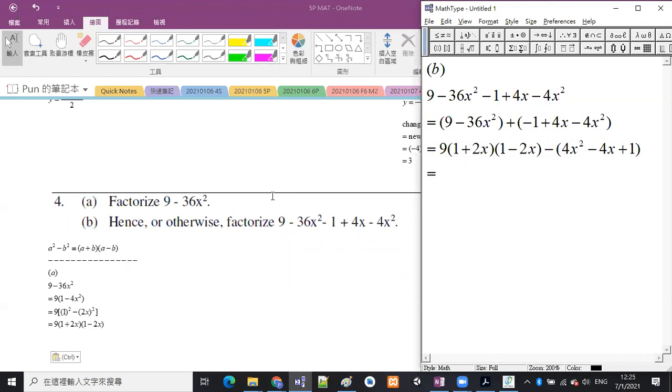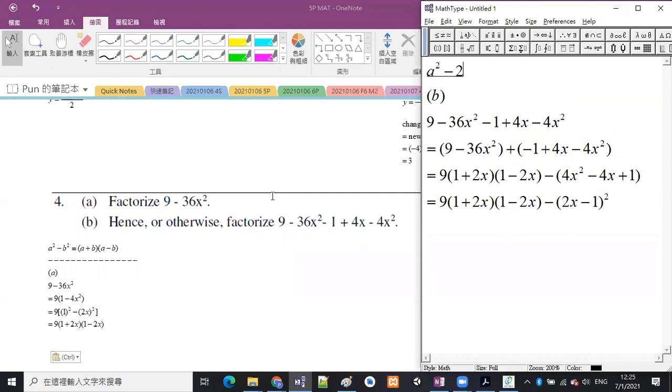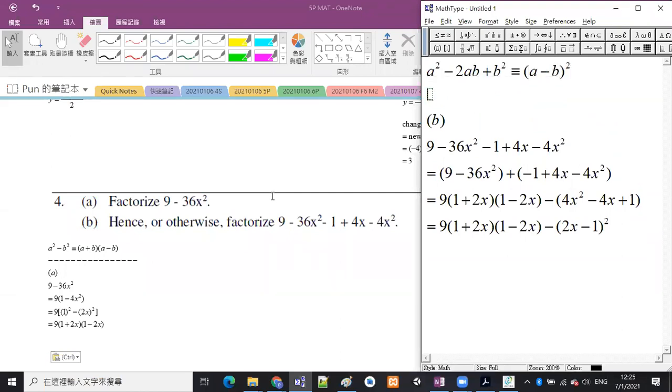Okay? 好啦，跟住我仲要 factorize 嘅喎。This 4x squared minus 4x plus 1, can you see that it is actually equal to 2x minus 1 bracket square? 我今次係用邊條式啊？我寫下佢先啦。我用 a square minus 2ab plus b square is identical to a minus b bracket square.